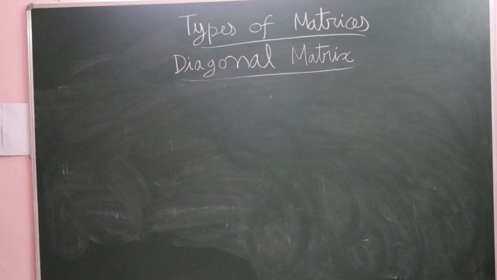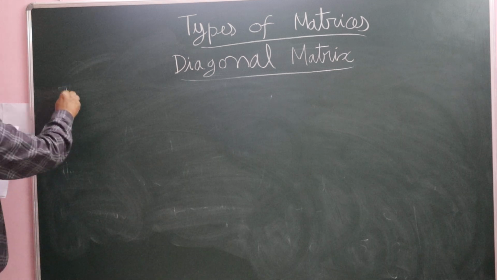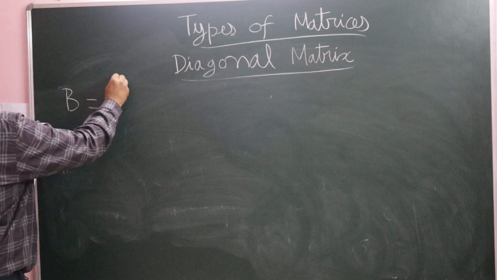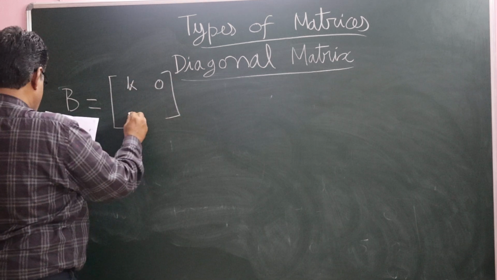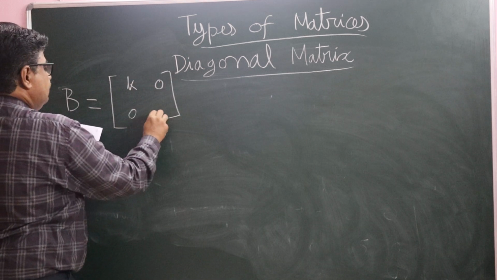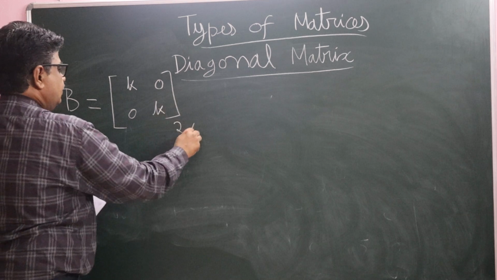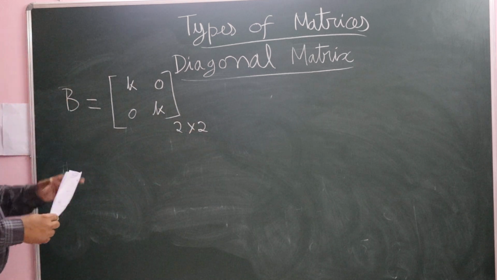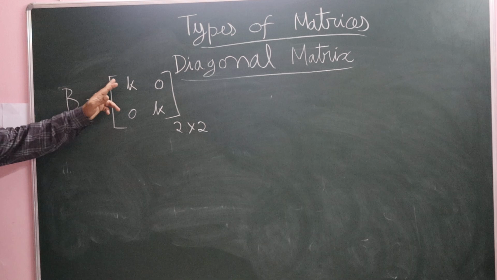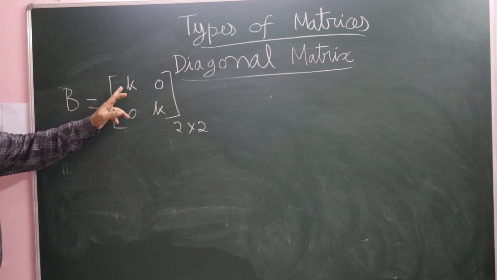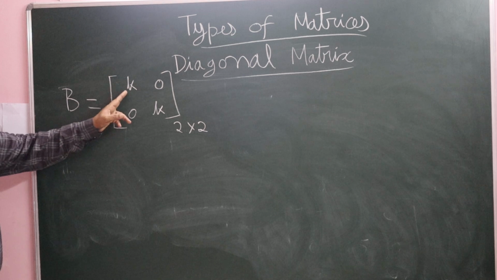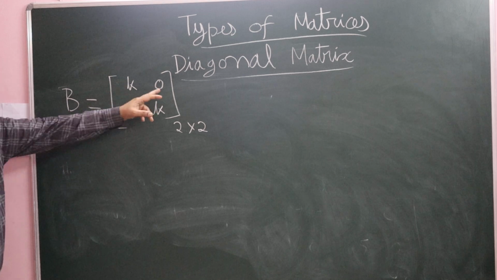Another example. So this is a 2 by 2 diagonal matrix. Along the diagonal you have non-zero elements, right? Except the elements along the diagonal, other elements are 0.